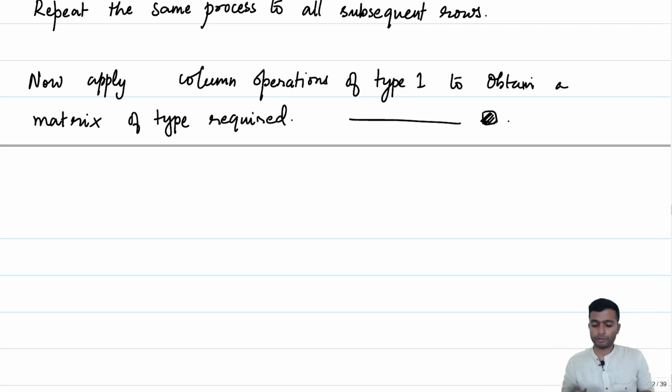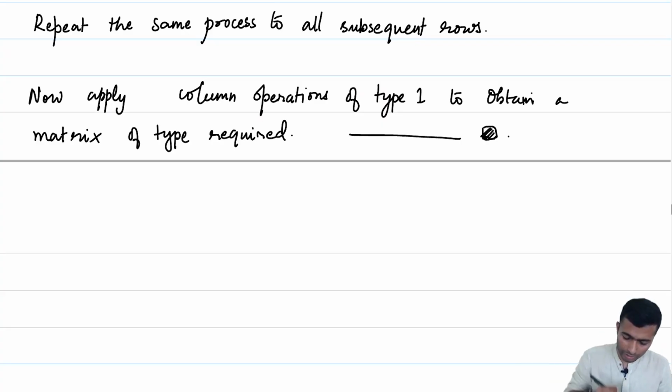If r is the rank, we have a particularly nice way of representing a reduced form of that matrix. Let me note what we did.